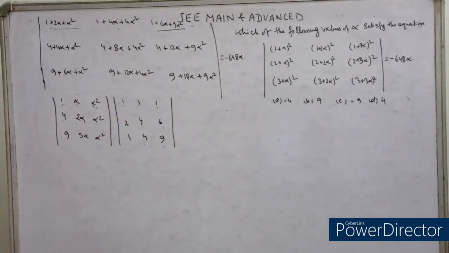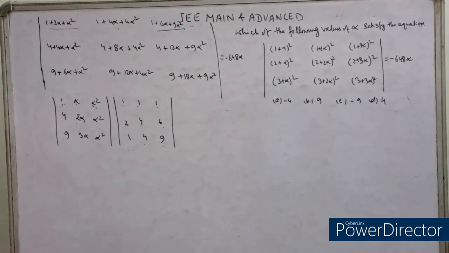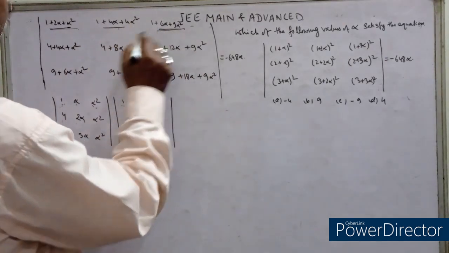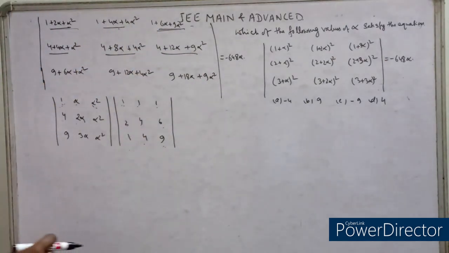So see, I have broken this determinant into two parts. I have taken the help of matrix multiplication, because we know that the setting is somewhat like a matrix. So I have broken this into these two parts.